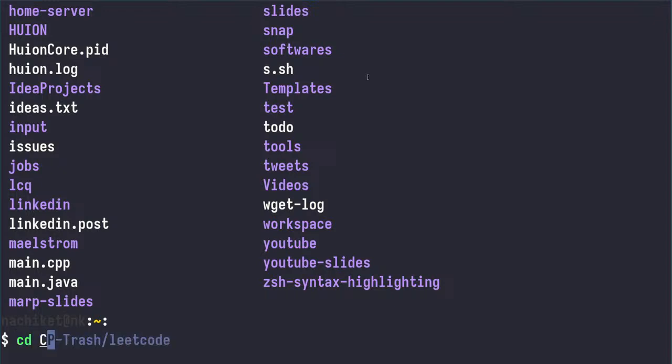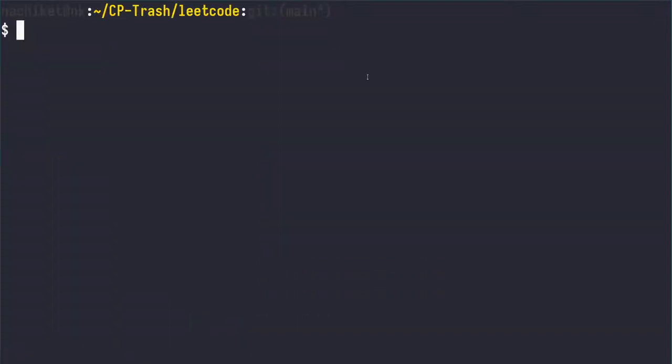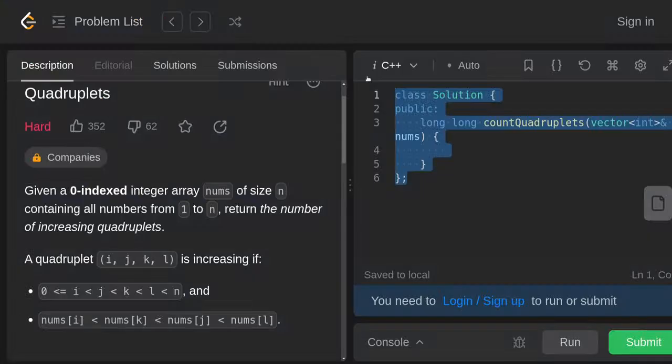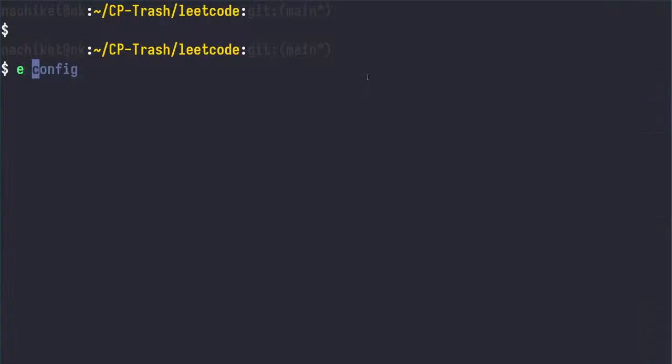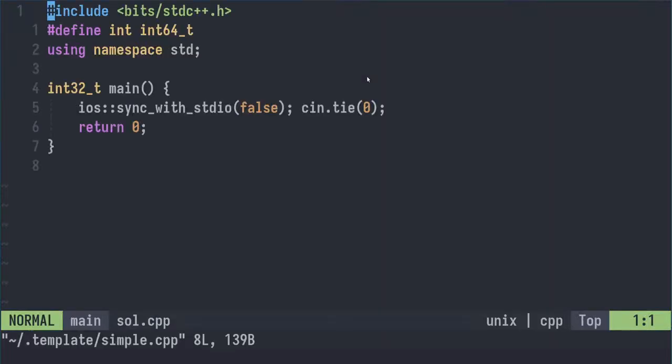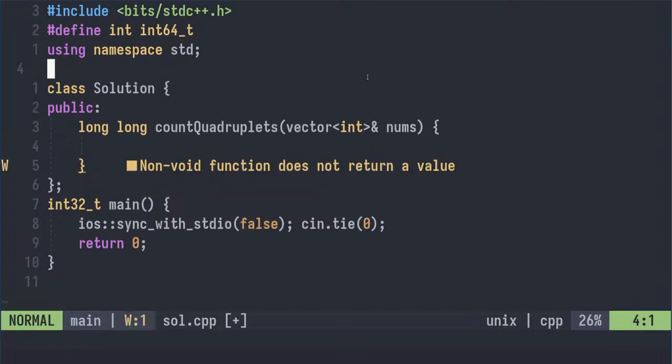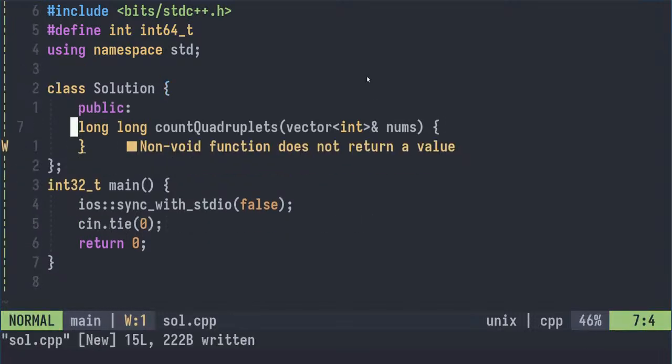I have this repository, and let's make it sol.cpp, and this is the function. Perfect.